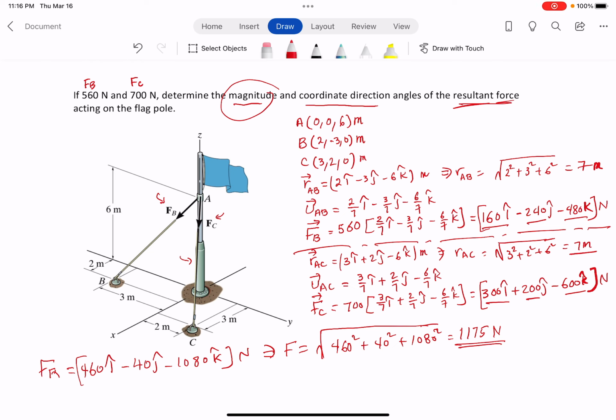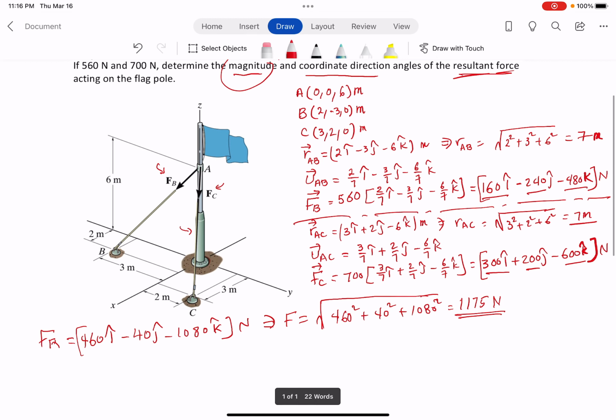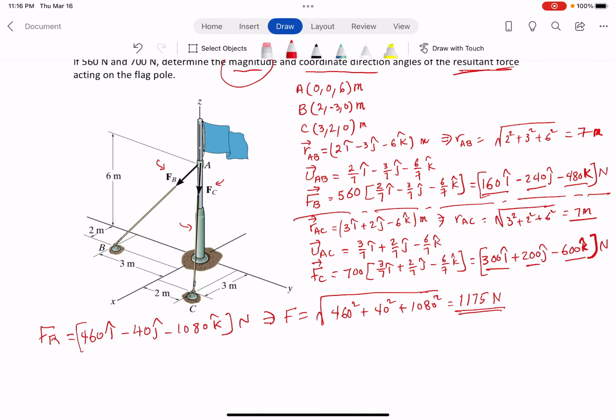Now he wants to find out the directions. Remember from the notes, alpha is the angle with the x-axis: cosine inverse of the force FRx, which is 460 in the i, over the magnitude, 1175.